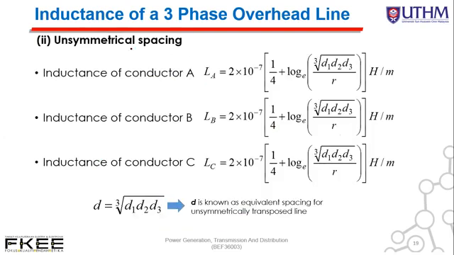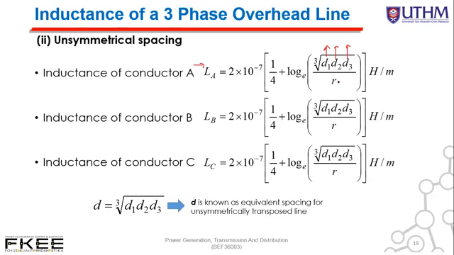For the case of unsymmetrical spacing, the formula to calculate the inductance of conductor A is LA equal to 2 times 10 to the power of minus 7 times (1/4 plus log exponent of the cube root of D1, D2, D3 over r). D1, D2, D3 are the spaces between the conductors themselves. Let's say D1 is the distance between AB, D2 between BC, and D3 between AC.